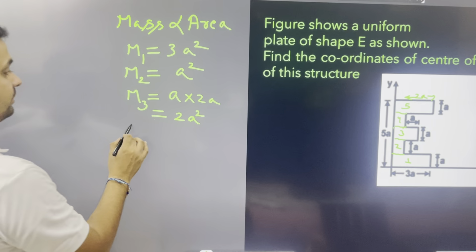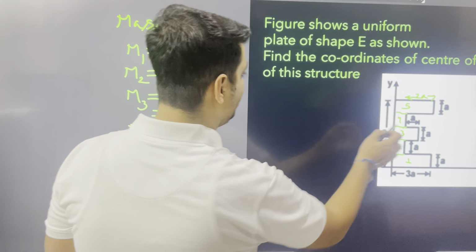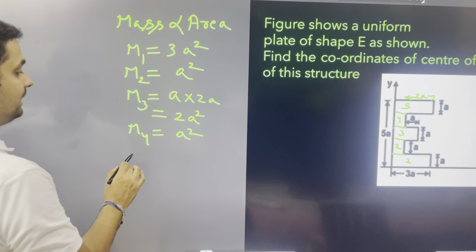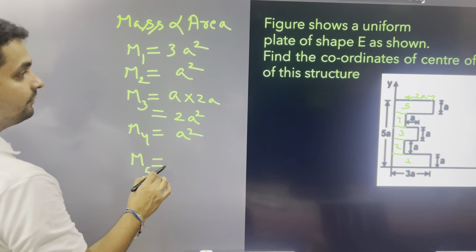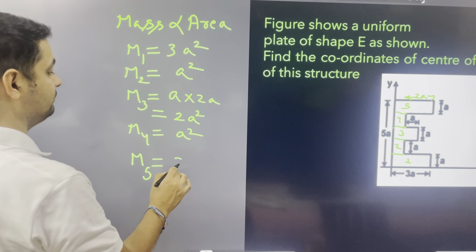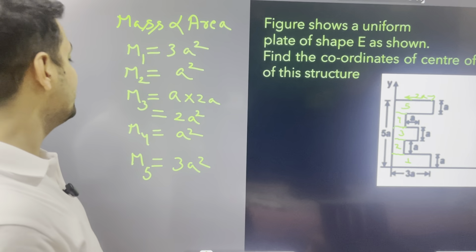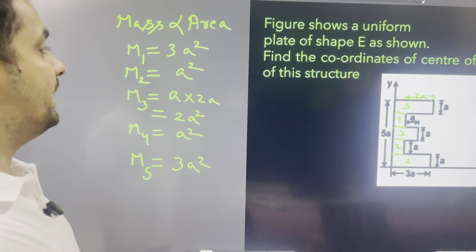Same way M4 is a into a, that is a square. And then M5, a into 3a, this is 3a square. So M1 and M5 are the same, correct?